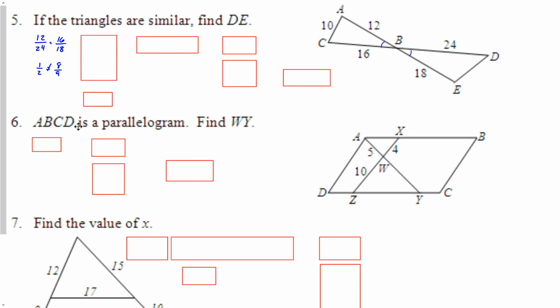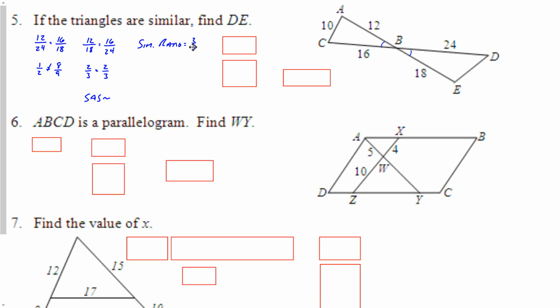So I need to try another combination of those sides. When we take 12/18 and 16/24, those both reduce to 2/3, which means we can use side angle side similarity for these triangles. And that also tells us our similarity ratio is 2:3.